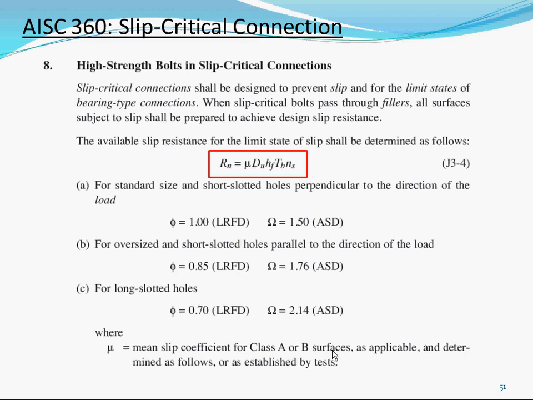So if you do consider it slip critical, there are requirements for the surface preparation. You have to blast it clean, or make sure that you get to a certain friction. For us, we didn't test it that way, but we did have a pretension bolt. So ours only needs pretension, and we tested in regular steel condition. We didn't paint it or anything during testing.